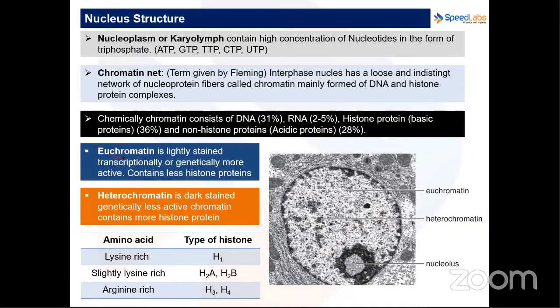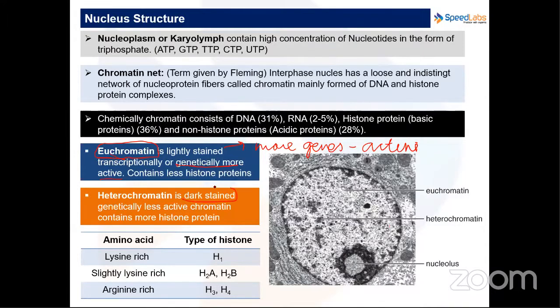There is this lightly stained euchromatin where most of the genes are concentrated. That's why it is genetically more active. So more genes are present over here. So they are active. That means more proteins are formed from this area.